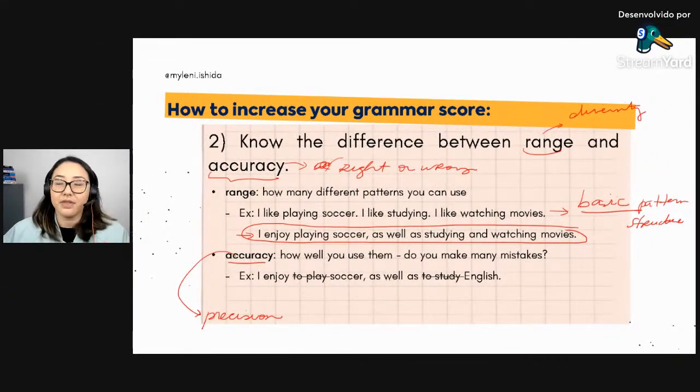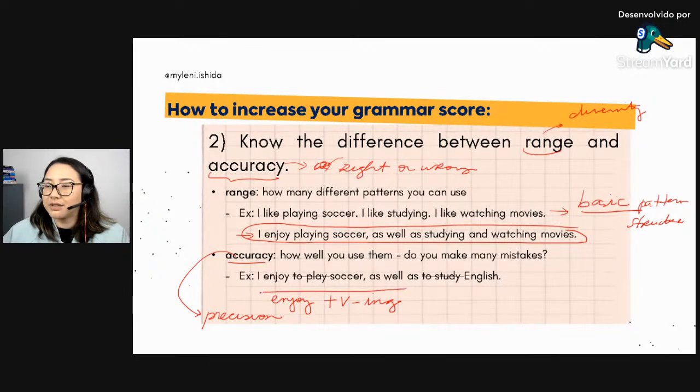Here, if you say I enjoy to play soccer as well as to study English, this is a grammar mistake, because with the verb enjoy, I don't use to. I will always use a verb with ing.